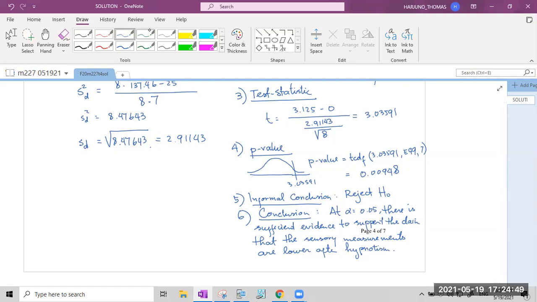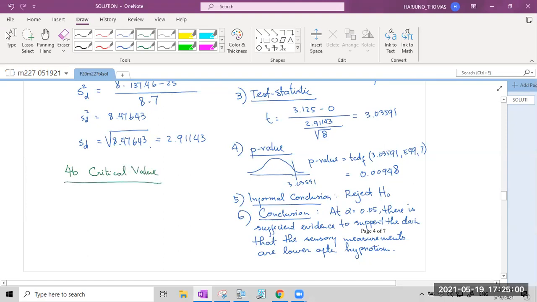Okay. To make the situation more complete, let's do 4B, critical value. 5% right tail.